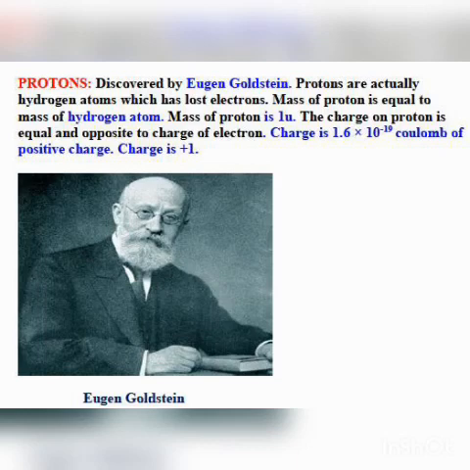The charge on proton is equal and opposite to the charge of electron. Now in the electron the charge was minus 1.6 into 10 raised to power minus 19 coulomb of negative charge. So in proton the charge is 1.6 into 10 raised to power minus 19 coulomb of positive charge. So in electrons it was taken as minus 1.